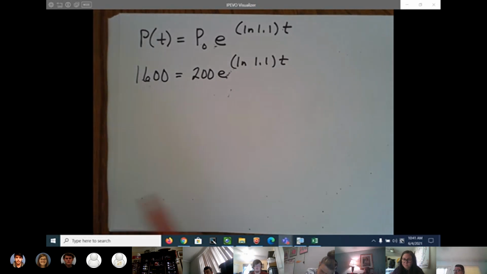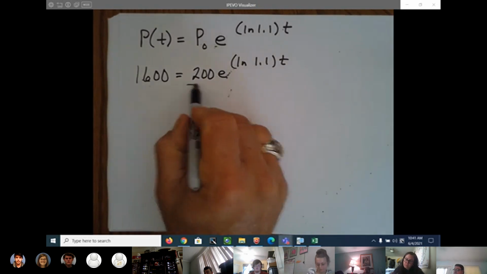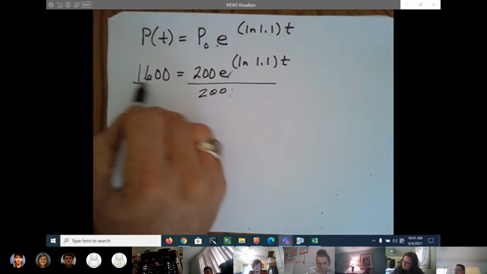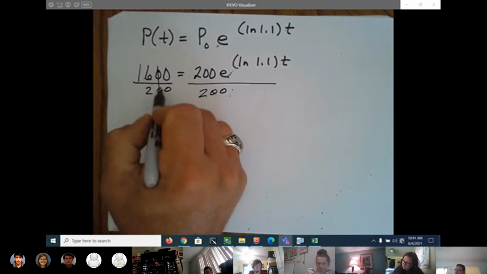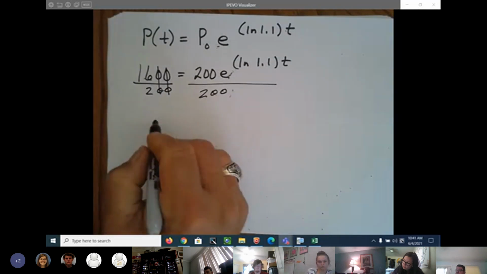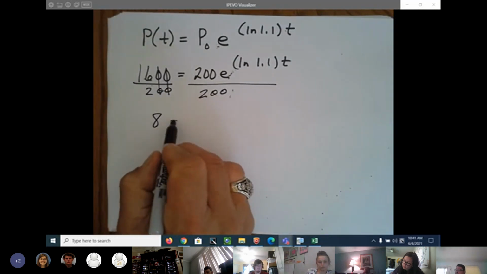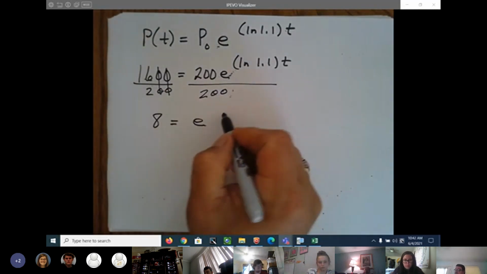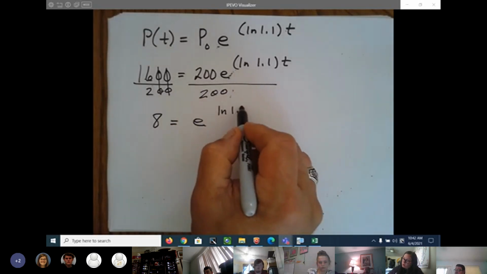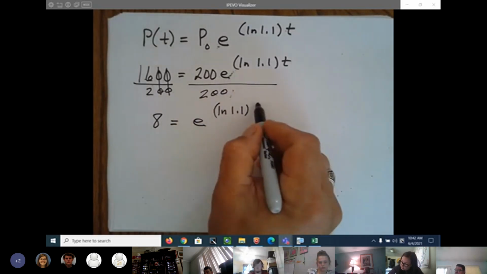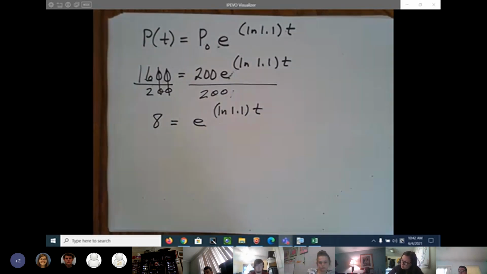So I'm going to divide by 200. That's going to be 8 is equal to e to the natural log of 1.1 times t. Now you can do the natural log of both sides. I probably would, because that way it'll get rid of the e.